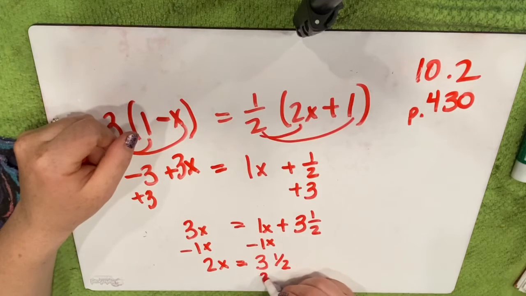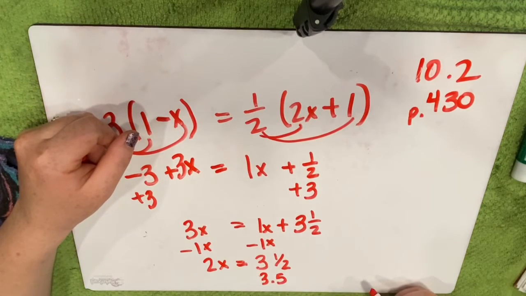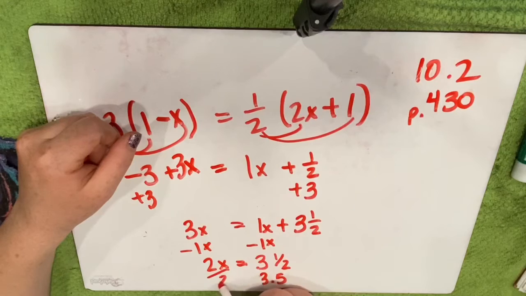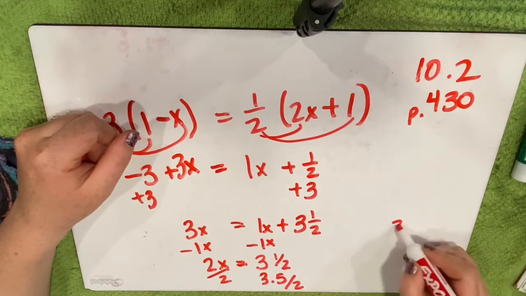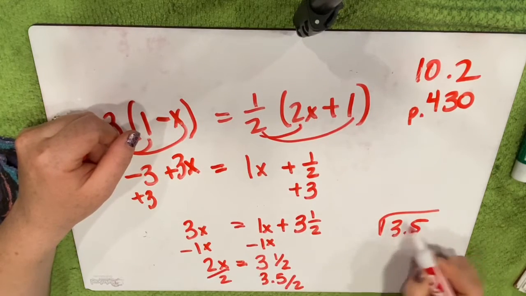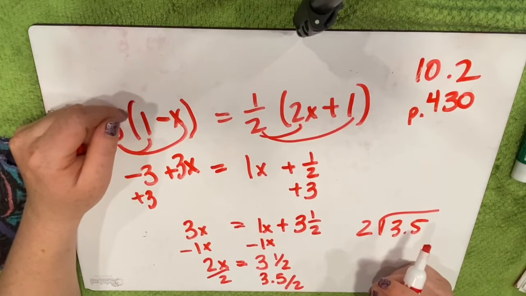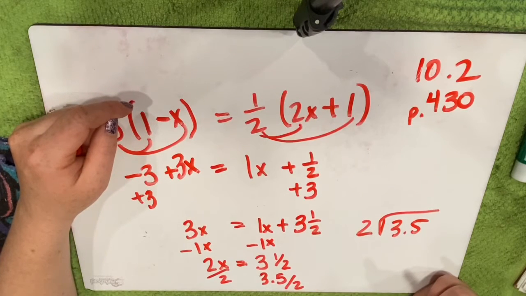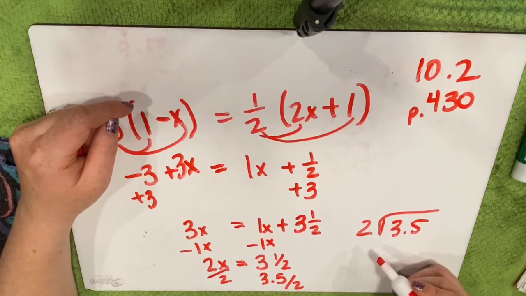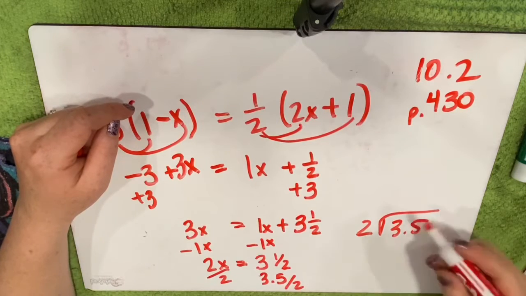Or you could write this as 3.5, right? Okay, so I'm going to divide by 2, divide by 2. Okay, that goes 1 time.